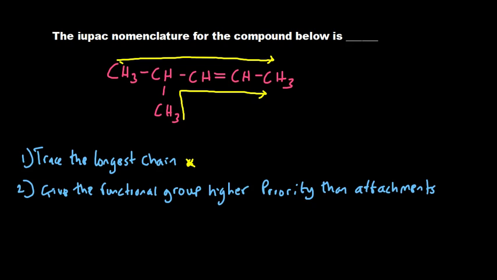But if I name from here, I come like this, it will give me 1 and 2. So automatically, the one I am to follow is the one that comes from this side, so that this functional group can have the lowest number possible. Following that, the parent name is 1, 2, 3, 4, and 5: pent-2-yne.